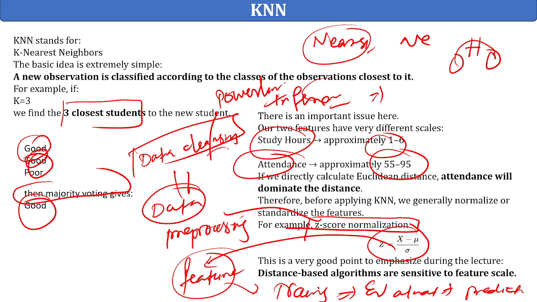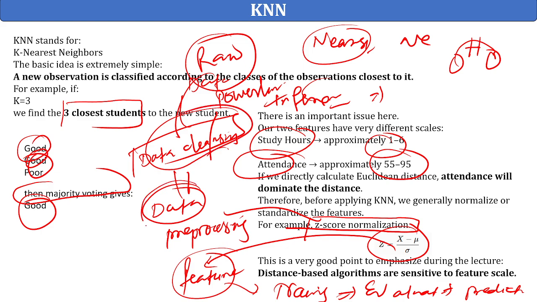This is how it goes: first the raw data, then data cleansing, then data pre-processing, then we have the features.